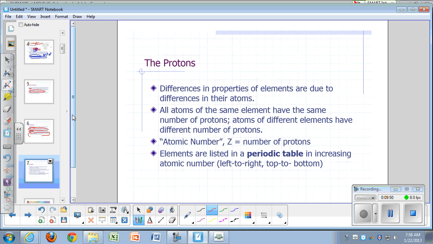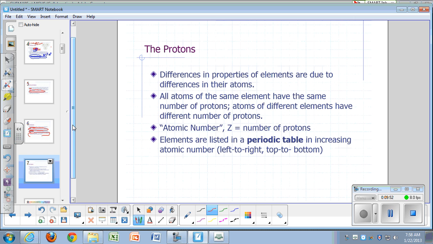Differences in the properties of the elements are due to differences in atoms, we say. It turns out that all atoms of the same element have the same number of protons. So the number of protons is an identifying number for atoms. All atoms that have the same number of protons are atoms of the same element.